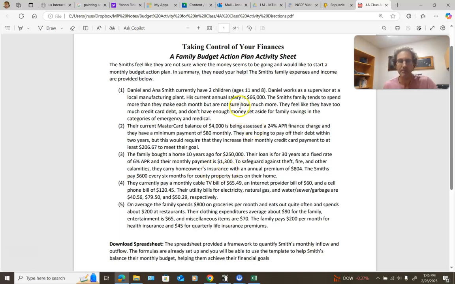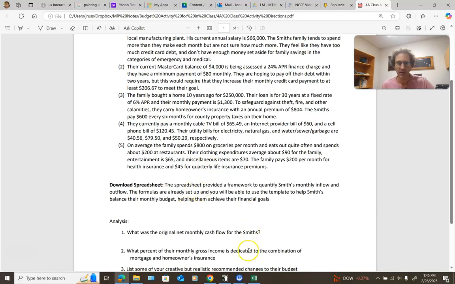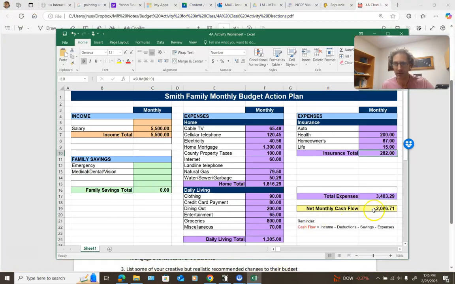So this is a very simple activity right here. But again, the idea is to give you an idea of how to do this. Okay, so we basically have constructed a status quo budget. Okay, they're in good shape.